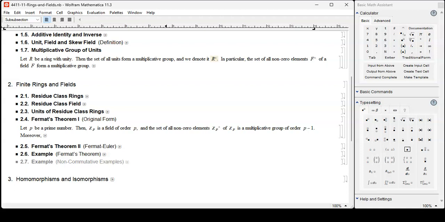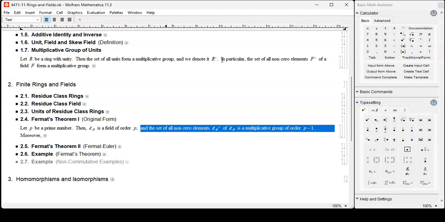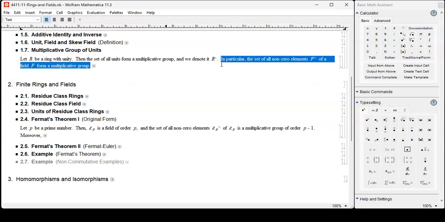In particular, the set of all non-zero elements, F^x, of a field form a multiplicative group. So the second claim here is actually the second claim of 1.7, except that I inserted the order.